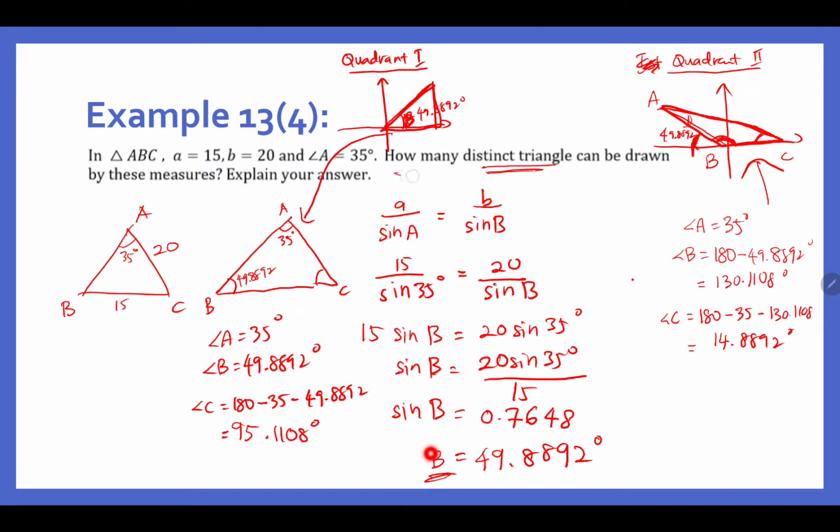Okay, so nak jawab soalan dia how many distinct triangle, kita boleh jawab there are 2 possible triangles can be drawn. Saya ulang balik macam mana boleh dapat 2 triangle. Sebab bila kita masukkan dalam law of sine, kita nak selesaikan sine B. So sine B is positive, so kita kena consider case kuadran 1 dengan kuadran 2.